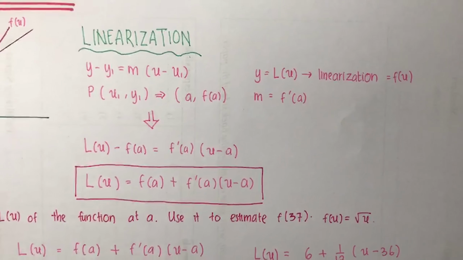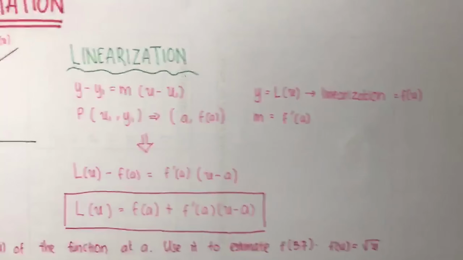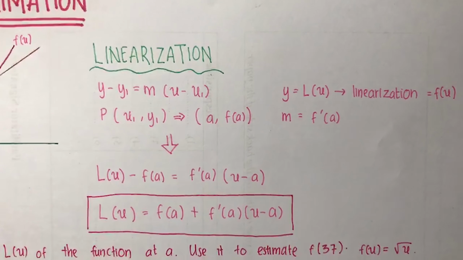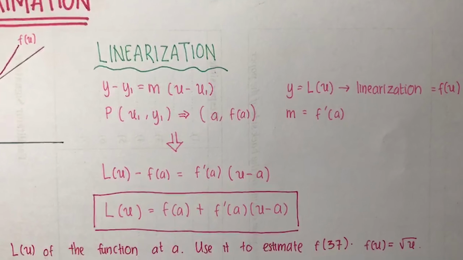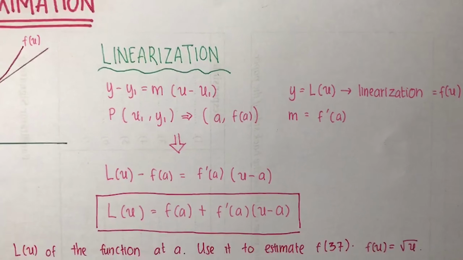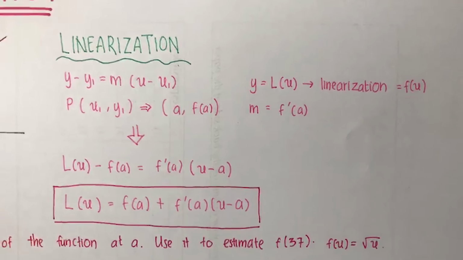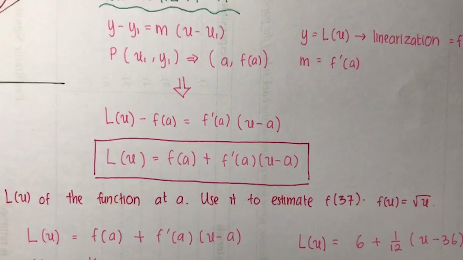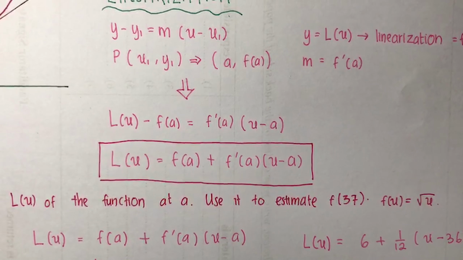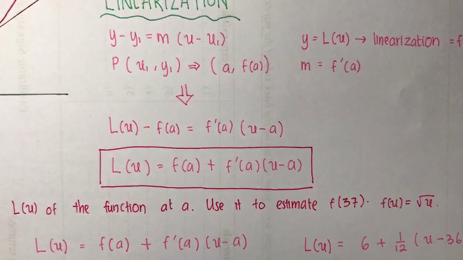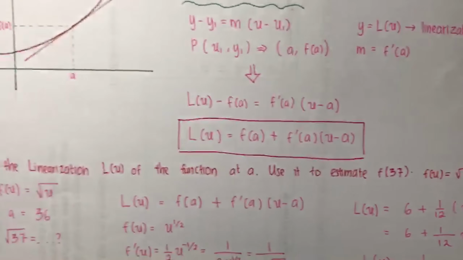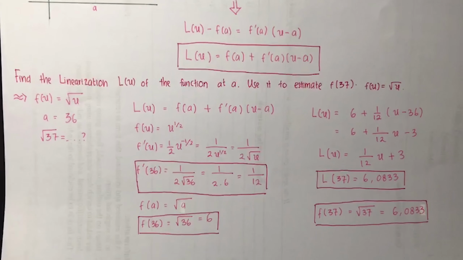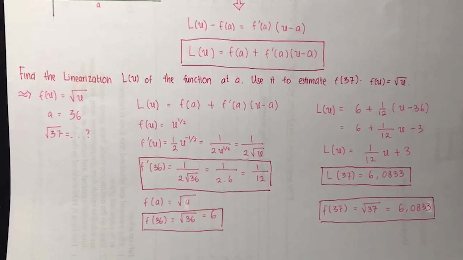We can use the equation of the slope, like y minus y1 equal to slope times x minus x1, and you will find the linearization of x is equal to f of a plus f prime of a times x minus a. So this is the example of the linearization of the function.